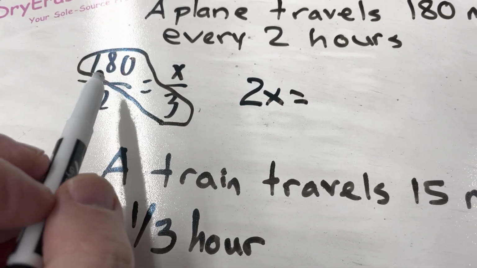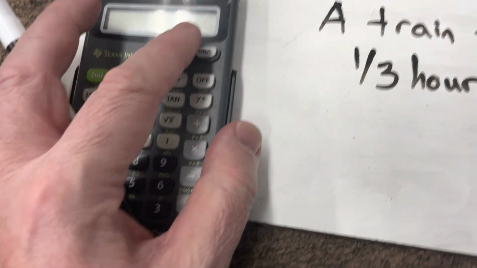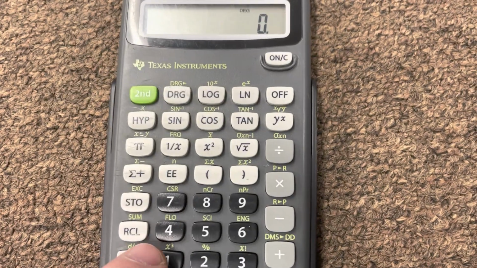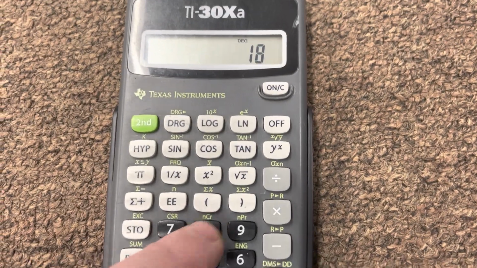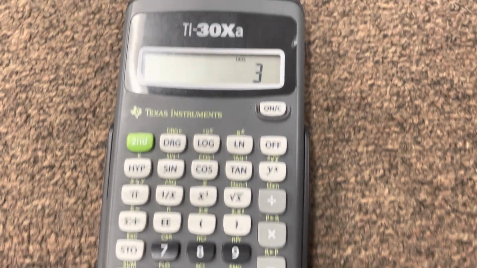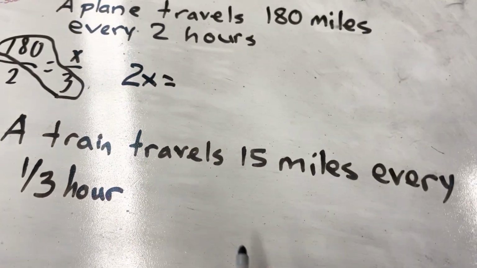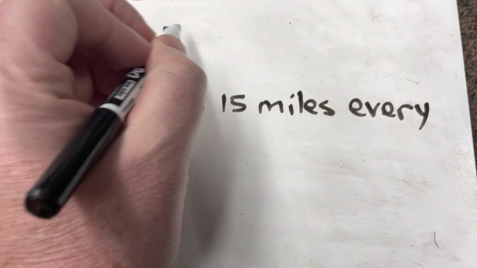So 180 times 3, when I punch that into the calculator, I should get 540, but let's make sure. 180 times 3 equals 540. There you go. So we come up here. It equals 540.